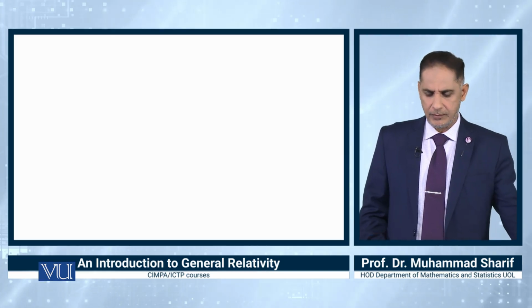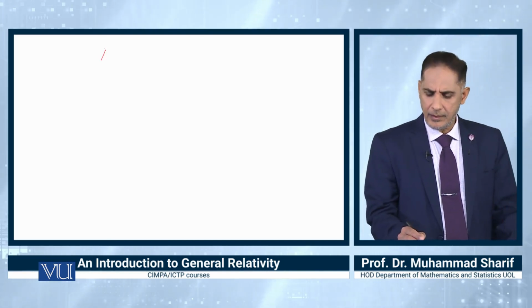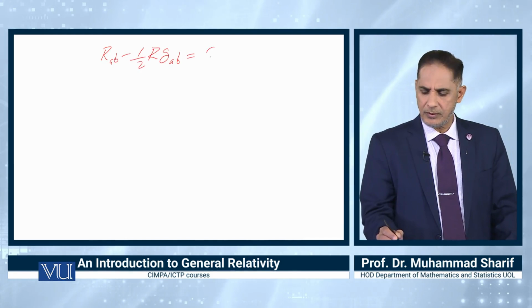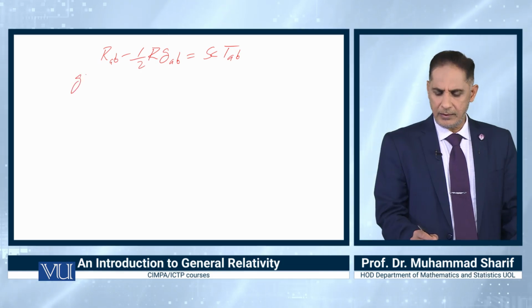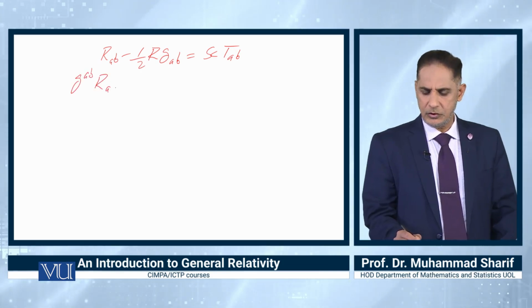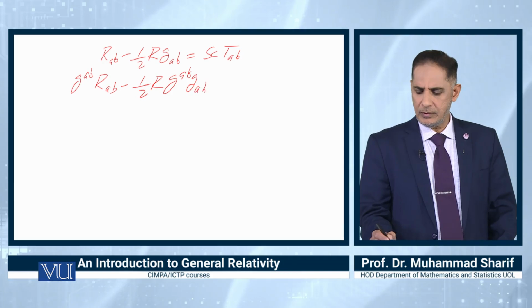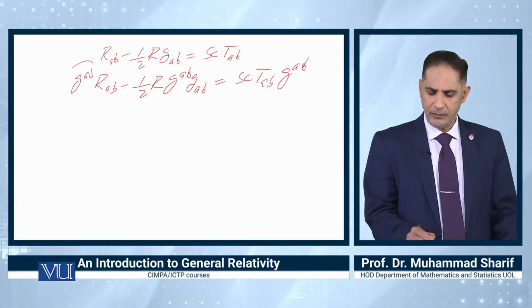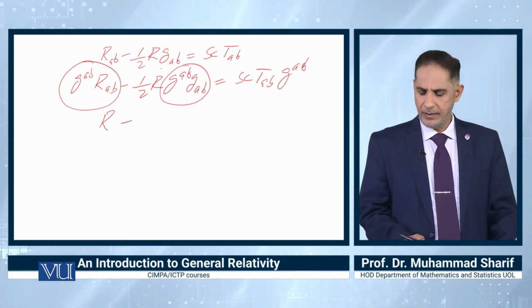Okay, let me give some details. We know that R_AB minus half R G_AB, these are the field equations, and we can write down the trace of these equations if we multiply them by G^AB. R G_AB G^AB is equal to kappa T_AB G^AB. Obviously, R is the Ricci scalar, and this is number 4, as we are dealing with 4-dimensional spacetime.